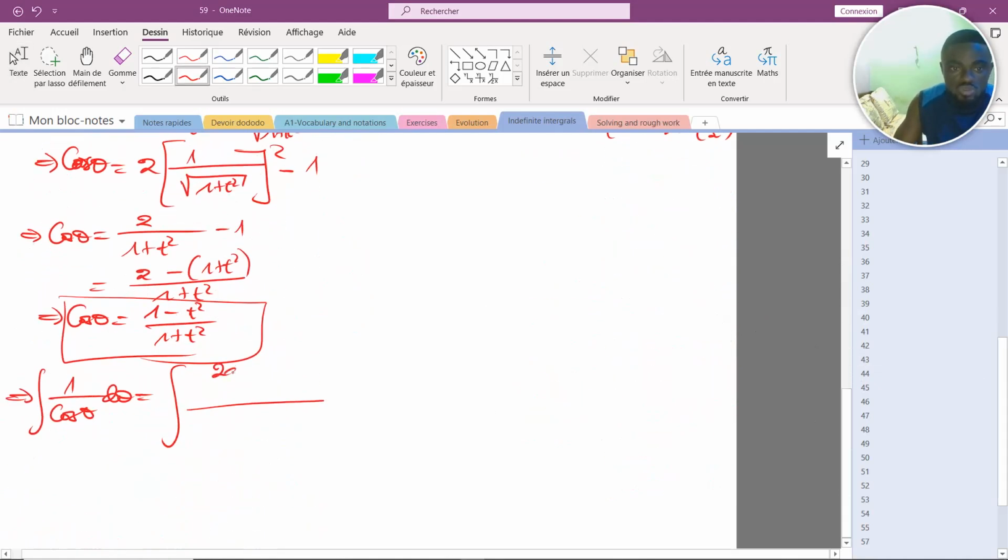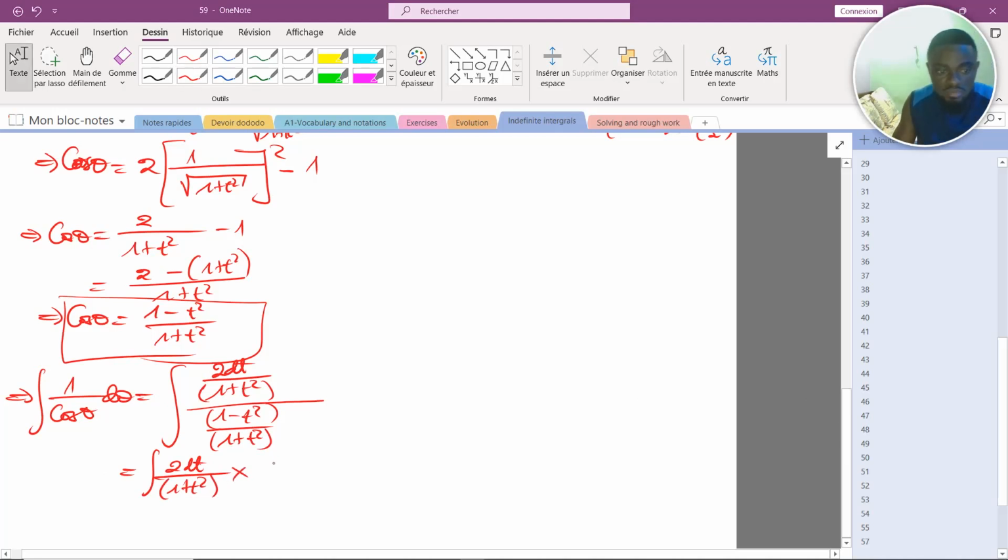So 2 dt all over 1 plus t squared all over cos theta, which is 1 minus t squared all over 1 plus t squared. Is that okay? So this will be equal to the integral of 2 dt all over 1 plus t squared times, this is 1. Wait a minute.